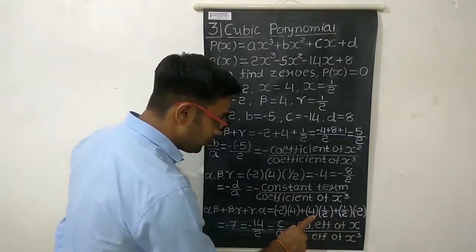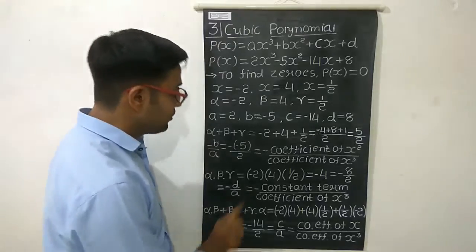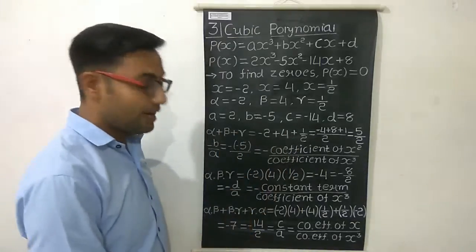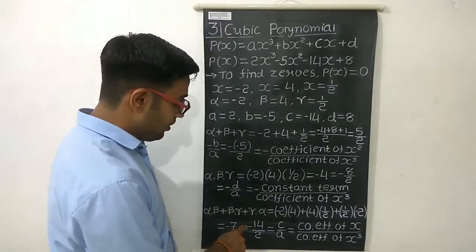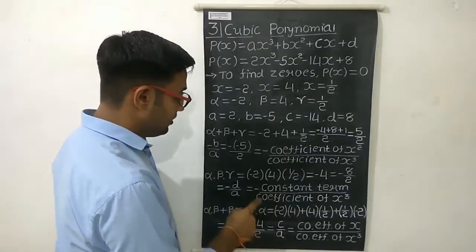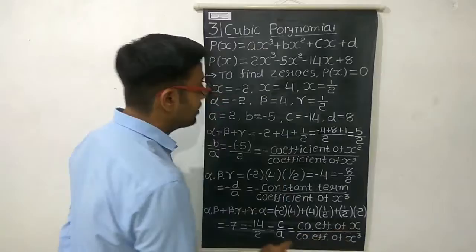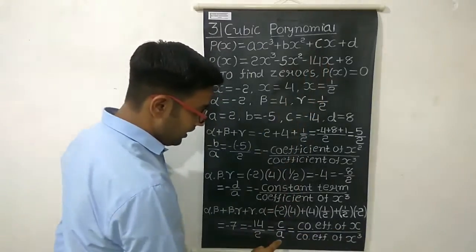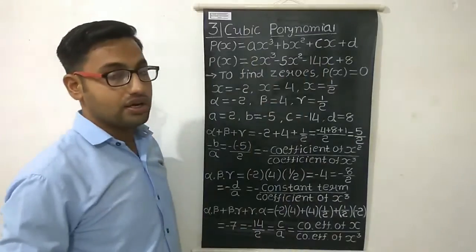Minus 9 plus 2 is equal to minus 7. Again there is no 7 here, but we can write minus 7 as minus 14 upon 2. Now minus 14 is C and 2 is A. C is the coefficient of x and A is the coefficient of x cube. This is the third relation.